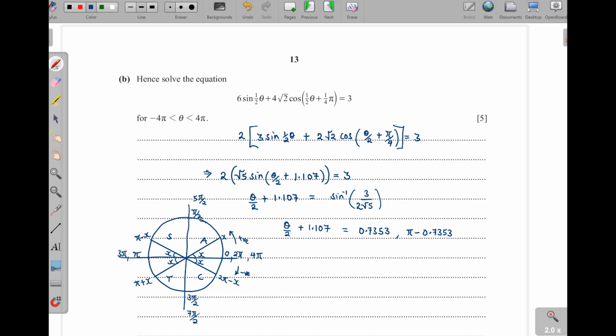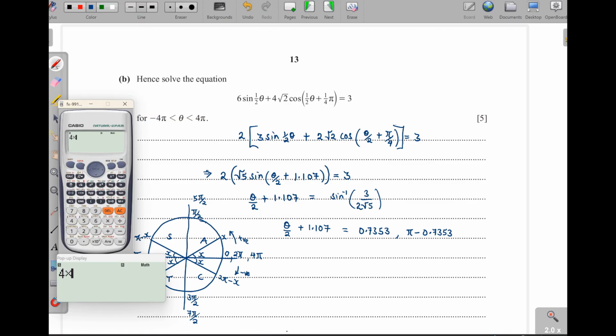Now we need to get another pair. You should also know that if I'm finding the value here, I will take this one this side, then I will multiply by 2 like that. So this one here, if we get 4 times pi, what do we get?